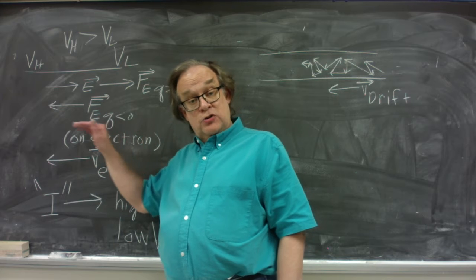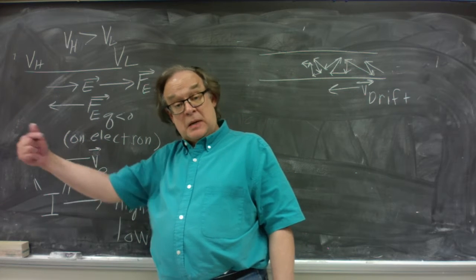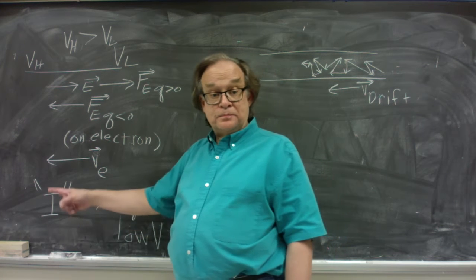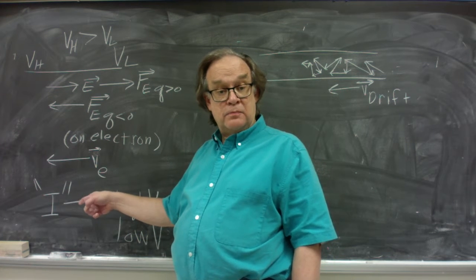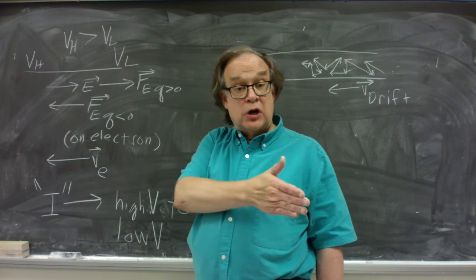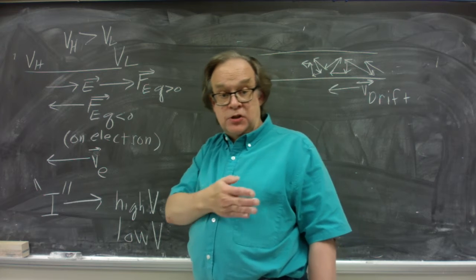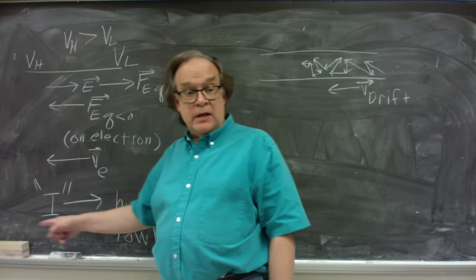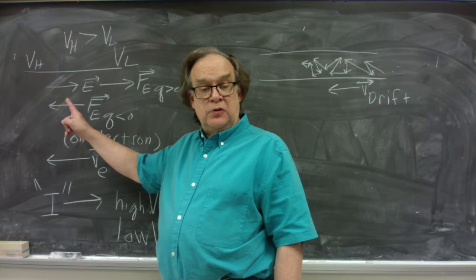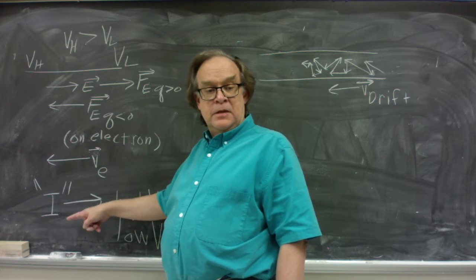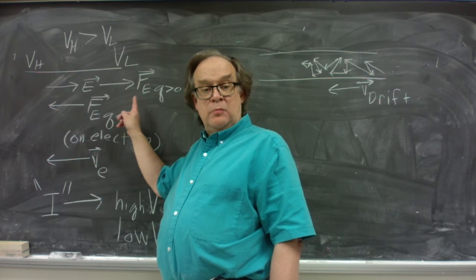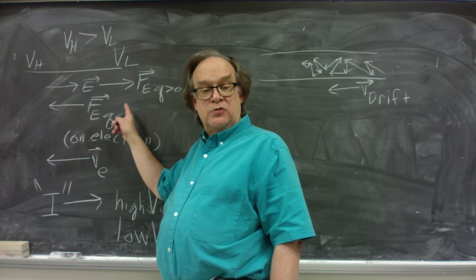If you've got negative charges moving this way, that amounts to the same thing as positive charges moving the opposite way. So the conventional current, our imaginary flow of positive charge, opposite to the flow of electrons, is always going to be in the direction of the electric field, because these imaginary positive charge carriers are being pushed in the direction of the electric field.